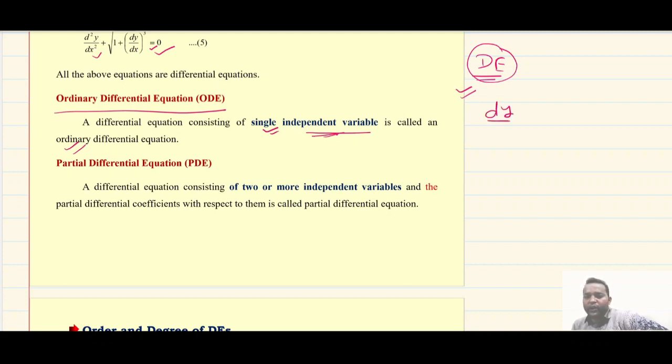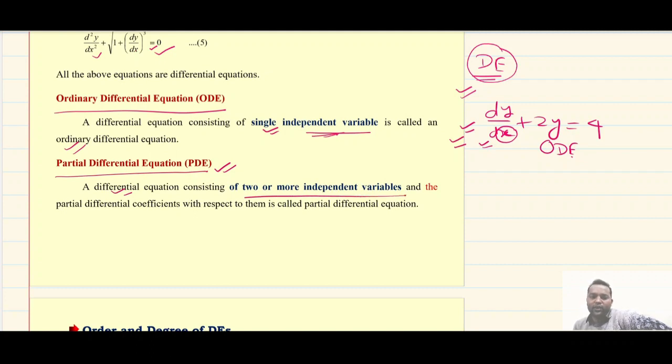Suppose dy by dx plus 2y is equal to 4. Here in this differential equation, only a single independent variable, x, is involved. Therefore, this equation is an ordinary differential equation. Similarly, a differential equation is said to be a partial differential equation if it involves partial derivatives, which always exist when the given function involves two or more independent variables.